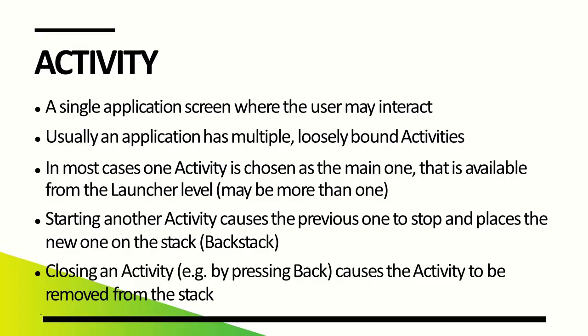In case of a transition from one activity to another, the activity stack is used. It allows stacking activities one upon the other. In such cases, during the transition from one activity to another one, the old activity is saved and the new activity is put on the top of the stack.